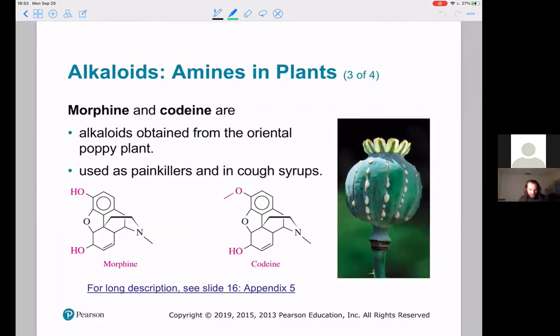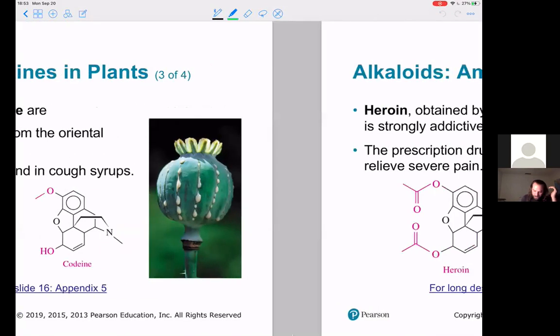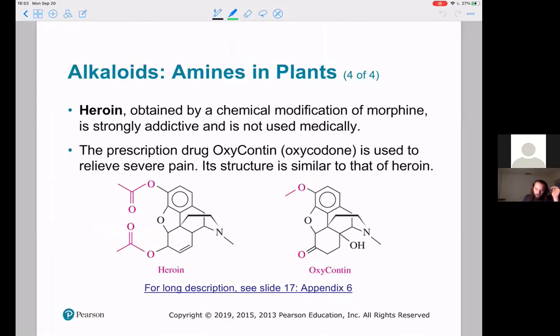Another two big examples are morphine and codeine, right? So morphine, codeine, and then we can even go to heroin and OxyContin. These all fall into the same category of being depressants, but they're naturally occurring. Actually, I don't think oxycodone is naturally occurring, but it is very similar to heroin, which is naturally occurring. Heroin, of course, comes from poppy plants, right? So this is, again, a naturally occurring compound that has this heterocyclic amine.